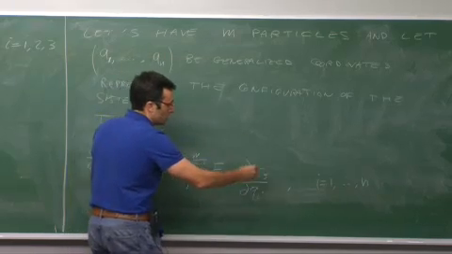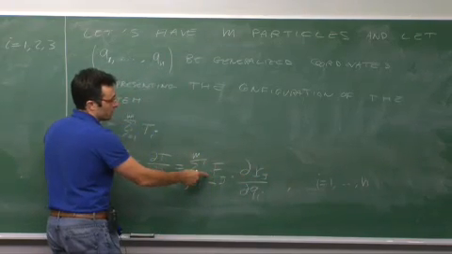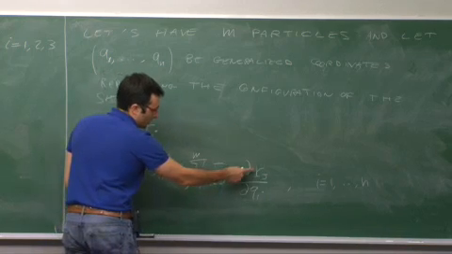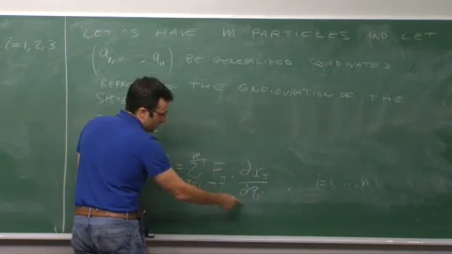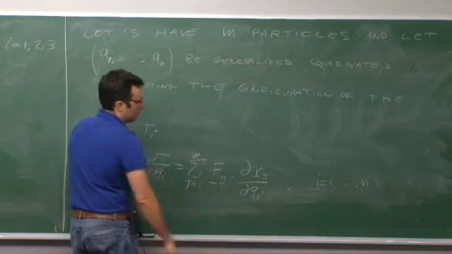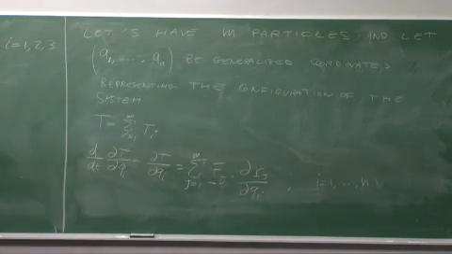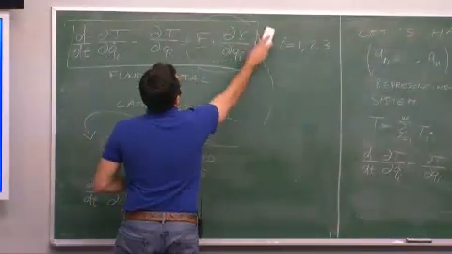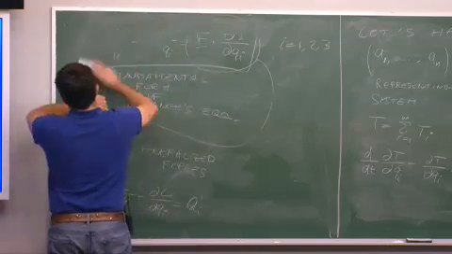You have to go over all the particles, know what all the forces on each particle are, its position, and take its partial with respect to the variable you're looking at right now. And so this will be a little longer, but it will be pretty much the same thing.